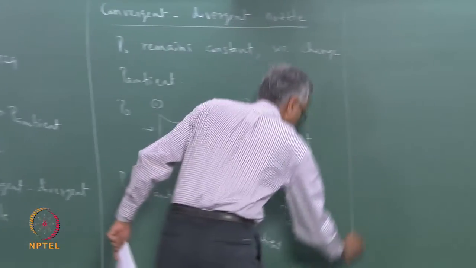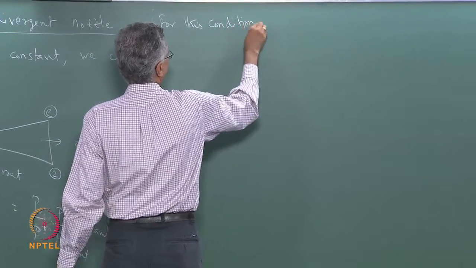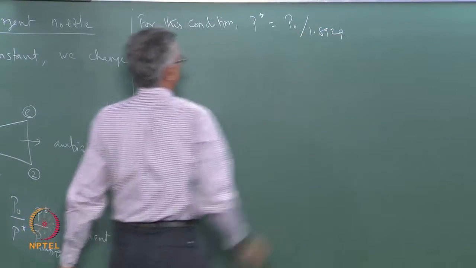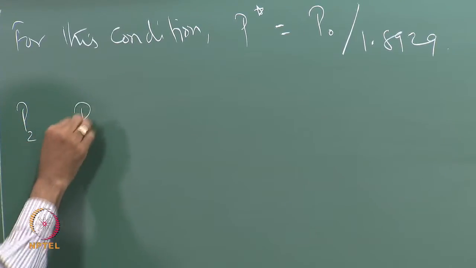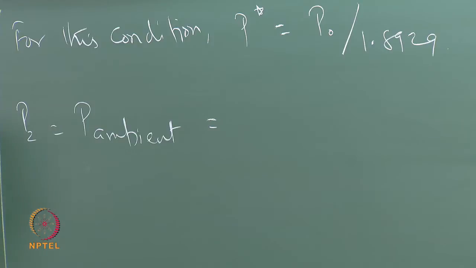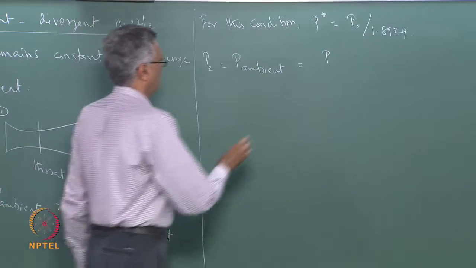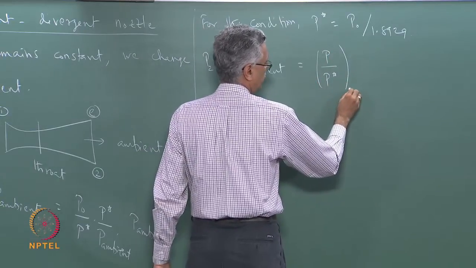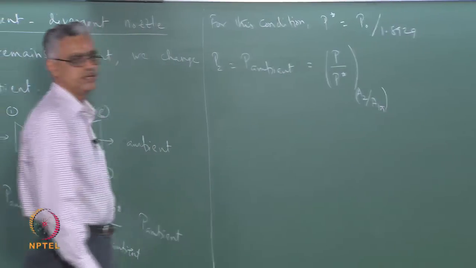So, for this condition, P star is equal to P0 divided by 1.8929, and so P2 is equal to P ambient, which is equal to P divided by P star corresponding to A2 divided by A throat, for the given value of A2 divided by A throat.